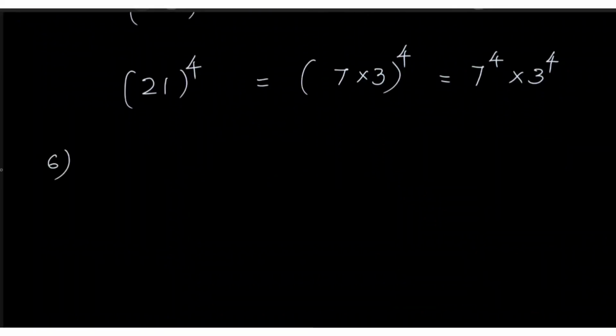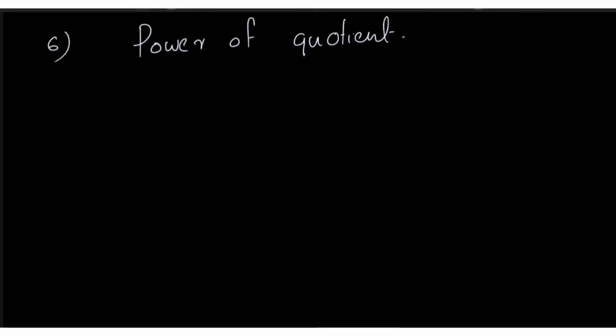And the sixth law is a raised to n by b raised to n, the power of a quotient. The sixth law is the power of a quotient. That is a raised to n by b raised to n is equal to a by b raised to n.